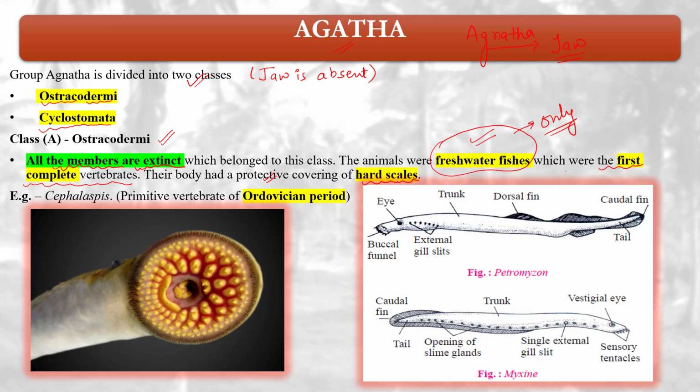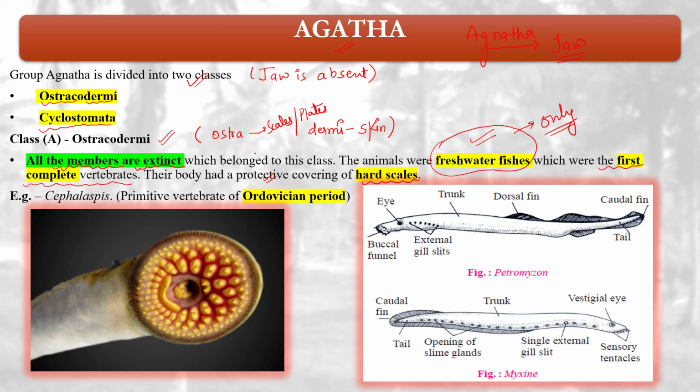What you have to remember: ostracodermi. Derm means skin. So these two words, ostra and derm. Ostra basically refers to scales or plates, hard covering.